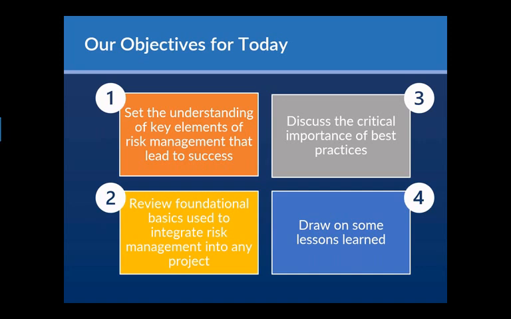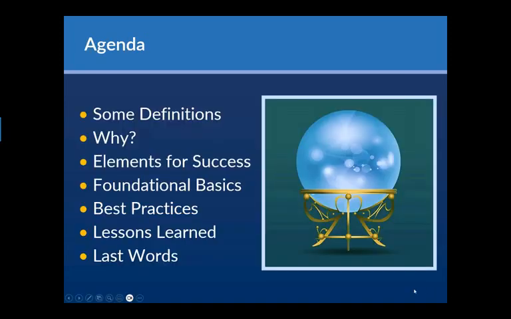We're also going to discuss the importance of having best practices, things that everybody knows, things that everybody is trained on, and that becomes the core of how we do the work. And then finally, I'm going to draw a little bit on some lessons learned that I've gathered over the years, with some key points that might become lessons learned for you.